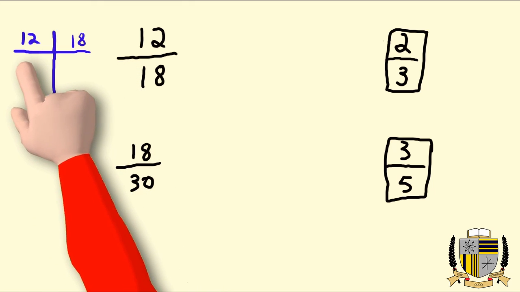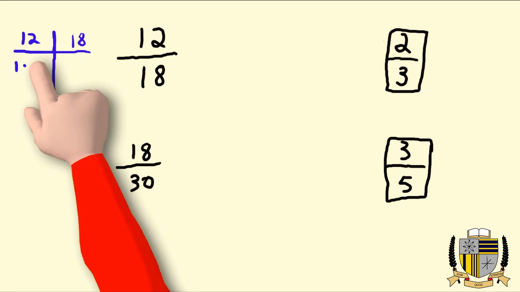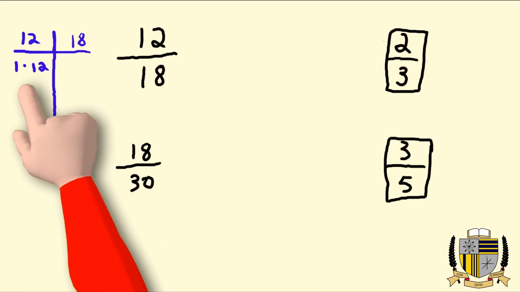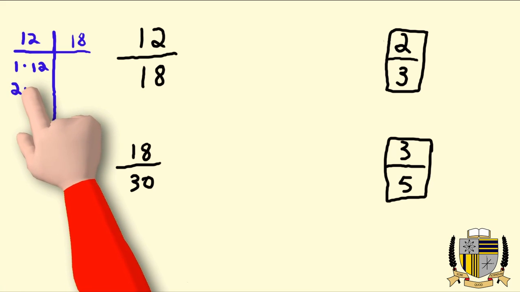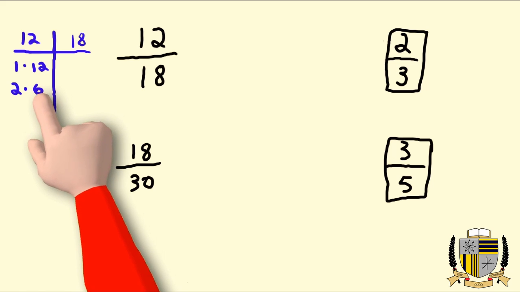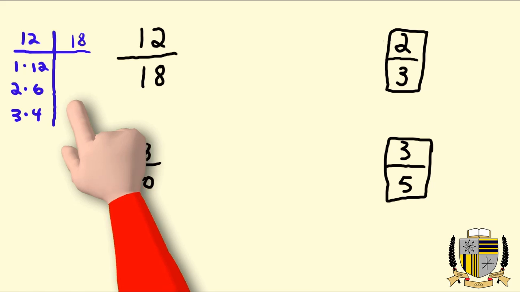So the factors of 12, what numbers make 12 when you multiply them together? 1 times 12 would be 12. 2 times 6 is 12. 3 times 4 is 12.